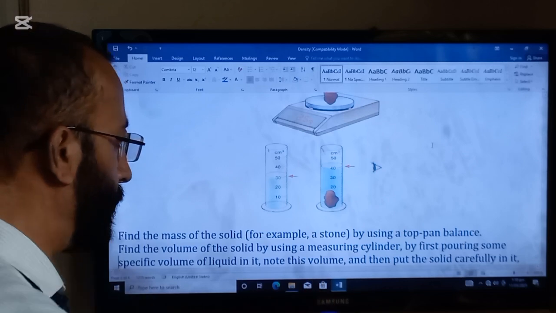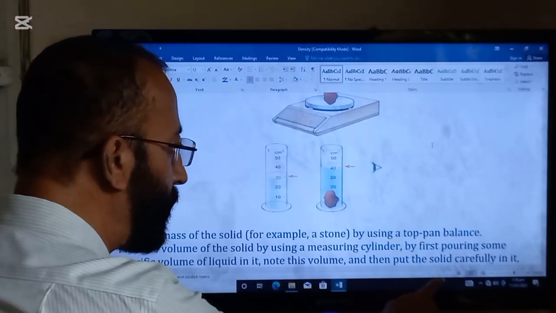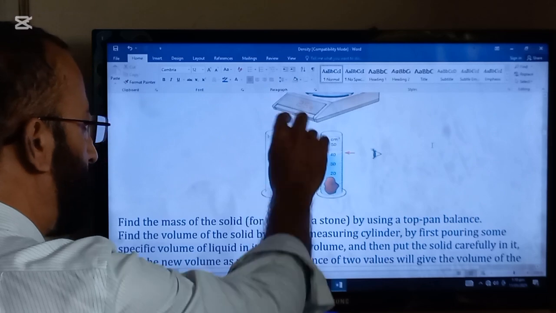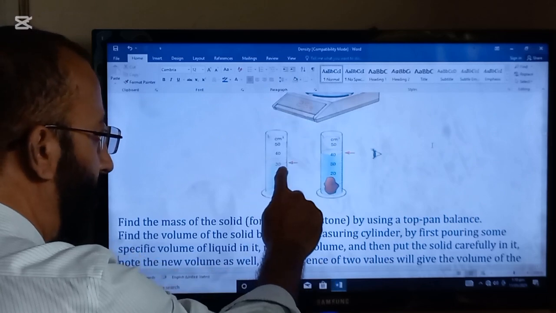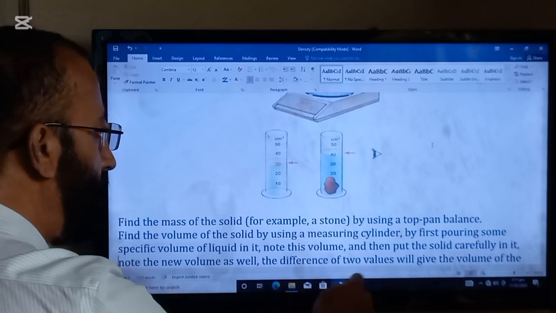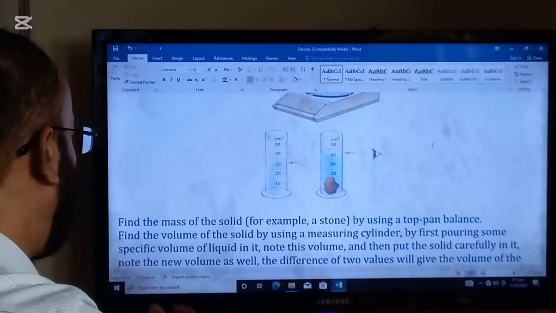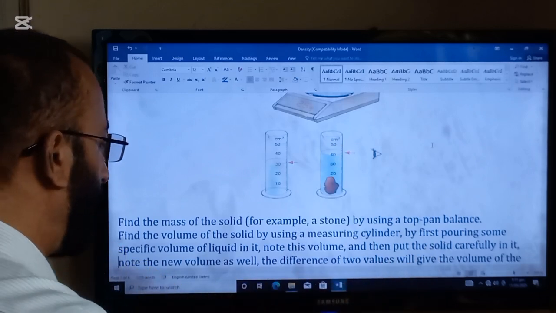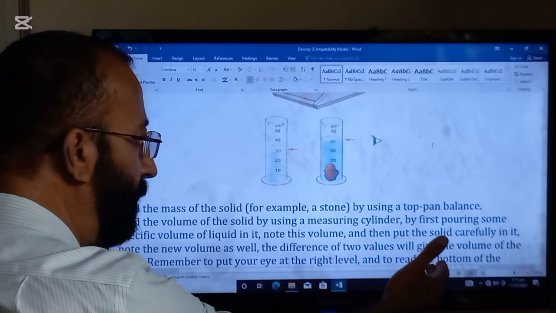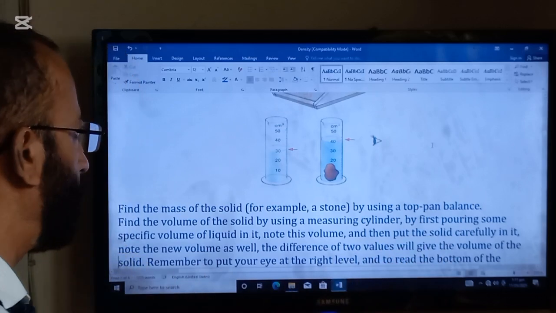Note this volume and then put the solid carefully in it. Like this, first pour the liquid and note the volume, then put the solid in it and again note the new volume as well. The difference of the two values will give the volume of the solid.